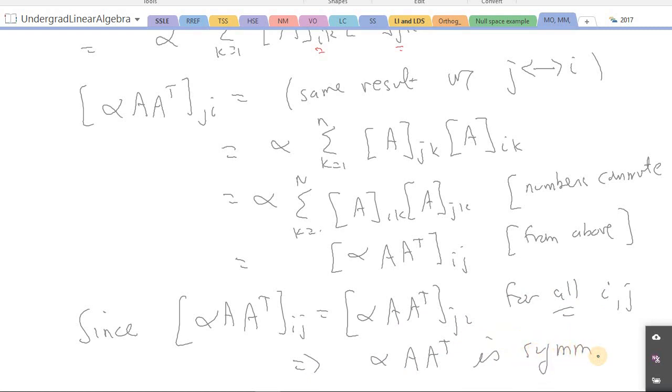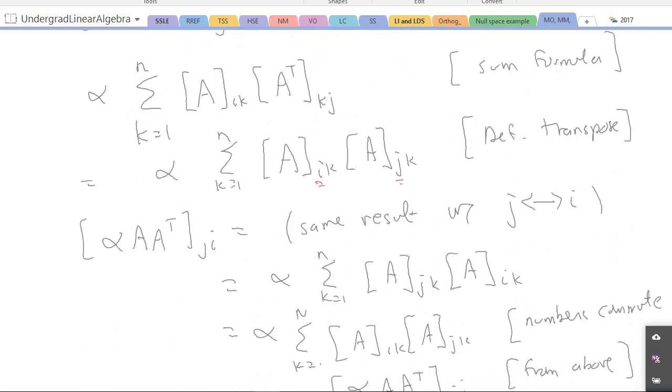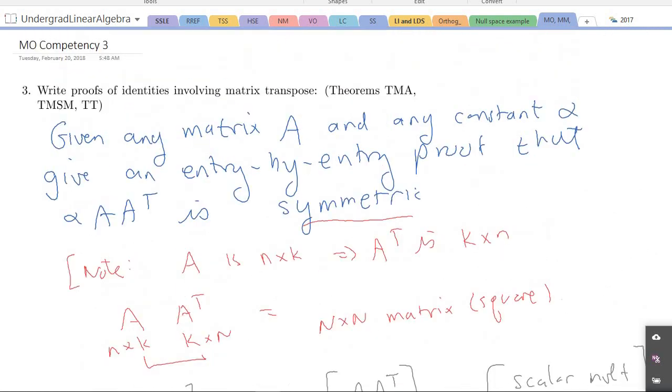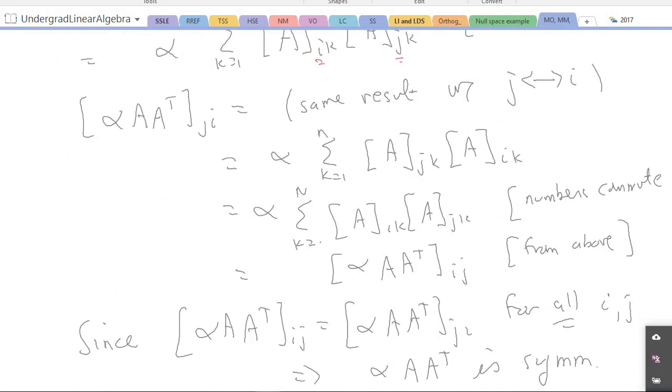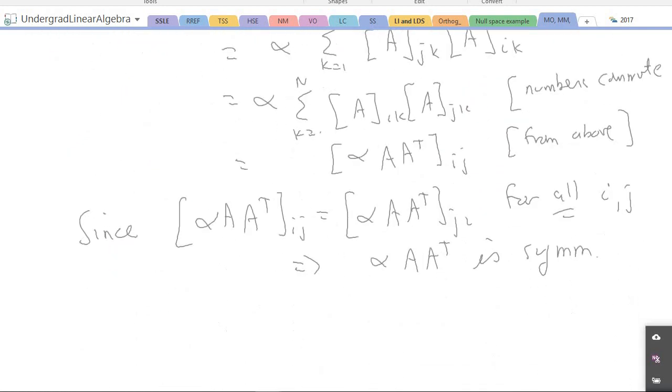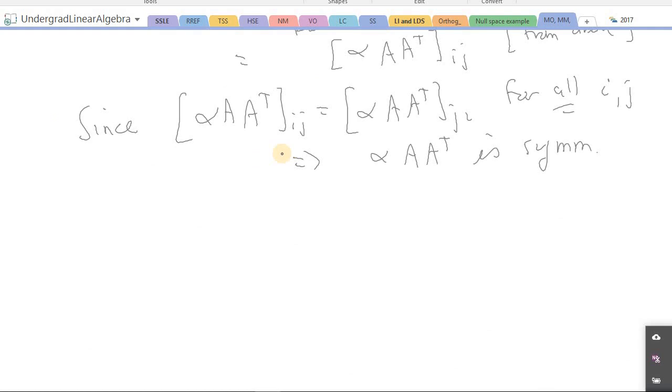Now notice something. Here I asked for a coordinate proof, for an entry-by-entry proof. Now you could do a simpler proof that's not entry by entry. That's not what I asked for, but let me just point out that you could do that. So here's a non-entry-by-entry proof. You could just take the transpose of alpha AA transpose.